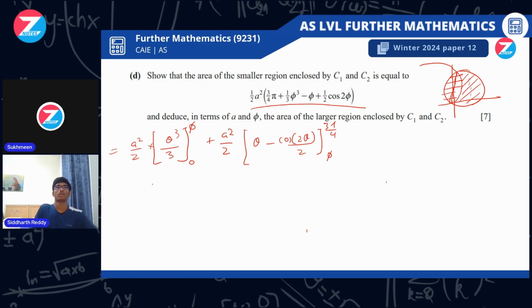Okay, we can evaluate this like this. Substituting 5, we get 5 cube by 3, minus 0 cube by 3, which is just 0, so we don't need that.